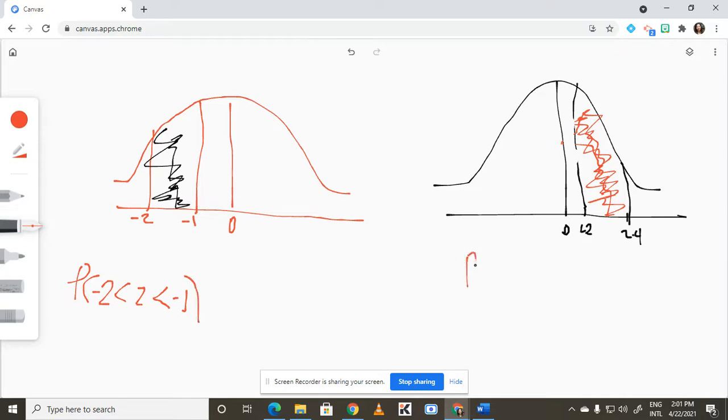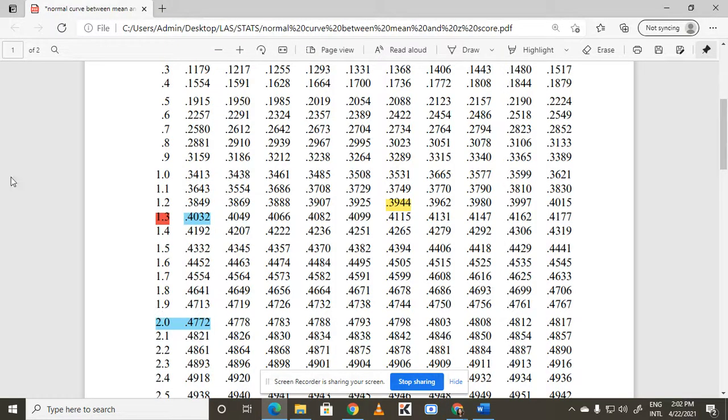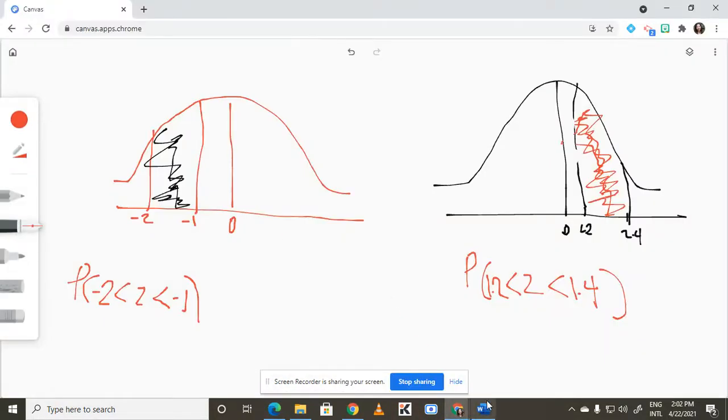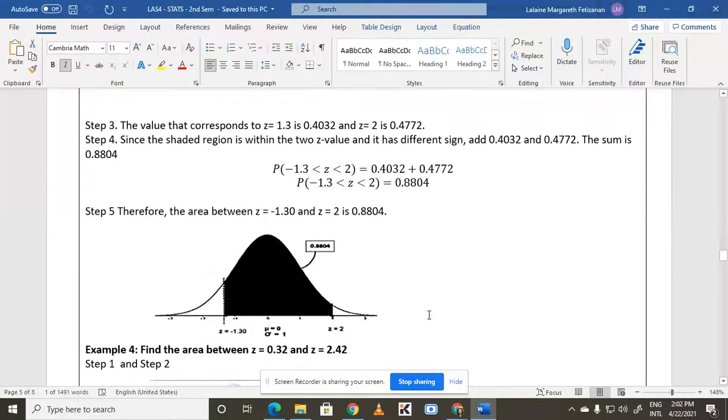For the other, the probability that Z is greater than 1.2 but less than 2.4. Just get the values from the table, for example 2.0 and 1.0, then subtract. The same for 1.2 and 2.4: 0.3849 and 0.4918, then subtract. When we talk about area, the values are always positive. That's all you need to do.